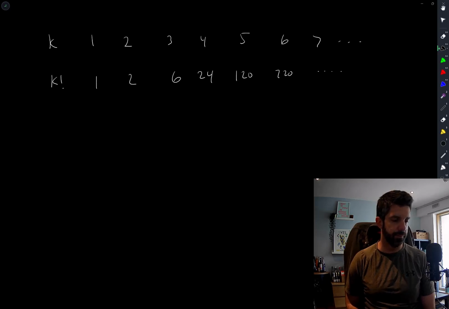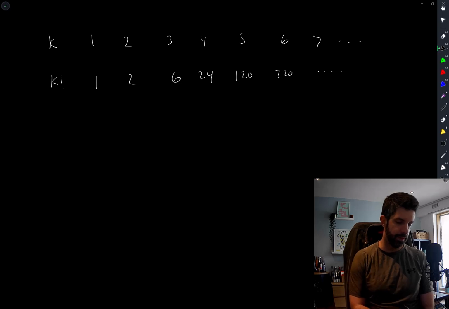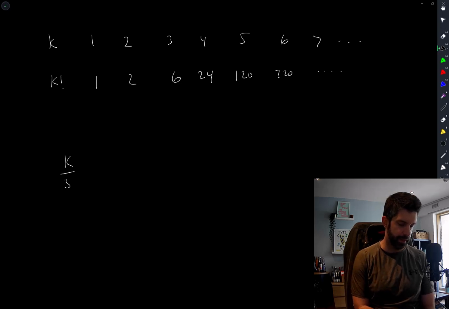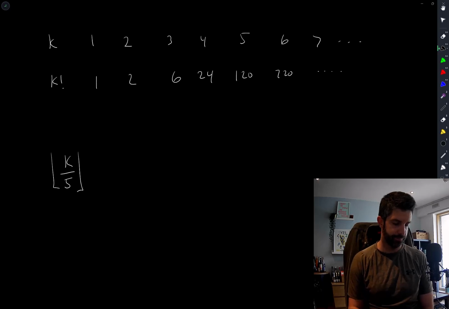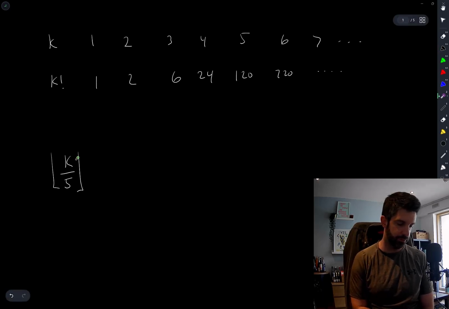I want to take k and divide by 5 and round down. This is the number of factors of 5 less than or equal to k.